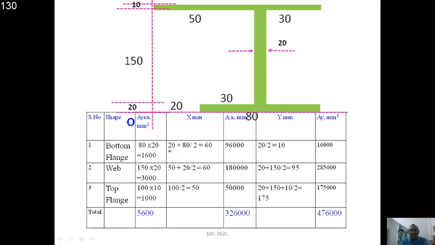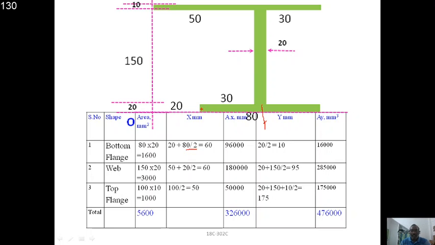For the x-axis, x1, x2, x3, we need to calculate the individual centroids of each figure. This is the bottom flange. For the x bar, it will be located somewhere here. Generally we write 80 by 2.